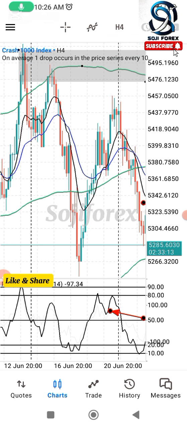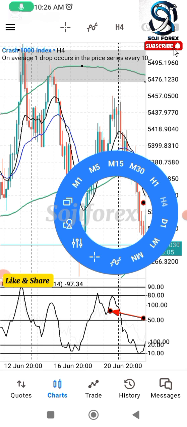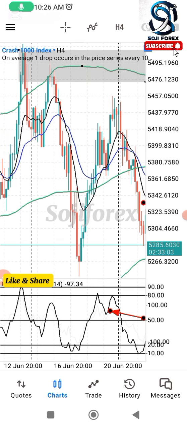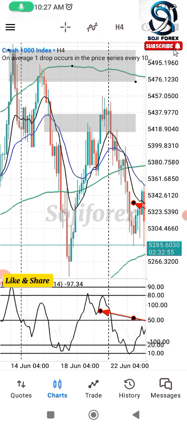And afterwards, we said we will look forward to a smart money queue, a fair value gap. Here we have a fair value gap, there's a fair value gap here, and you can see how price behaves.